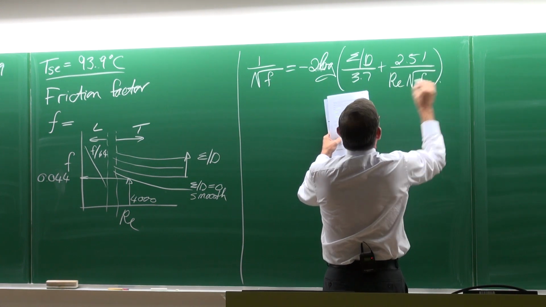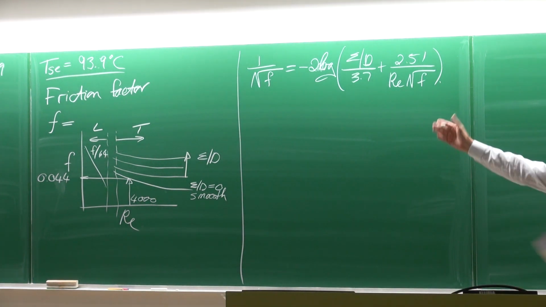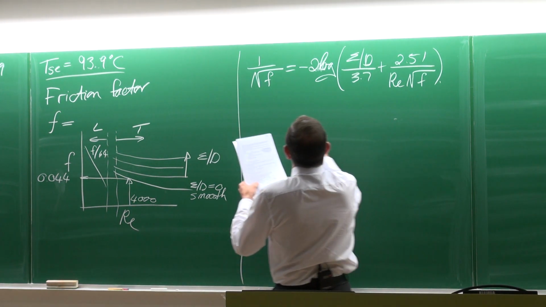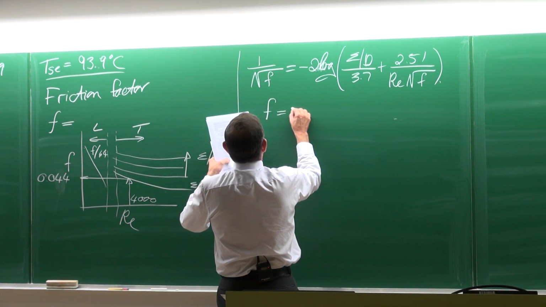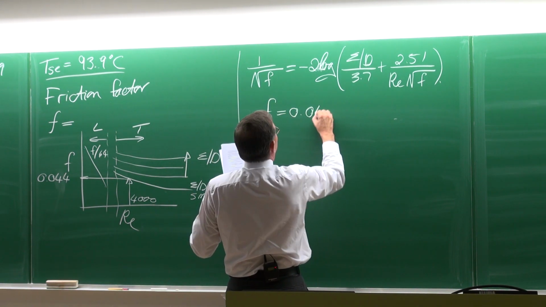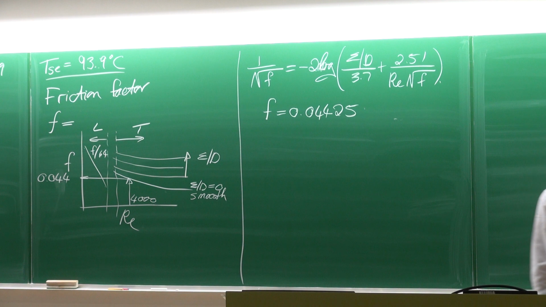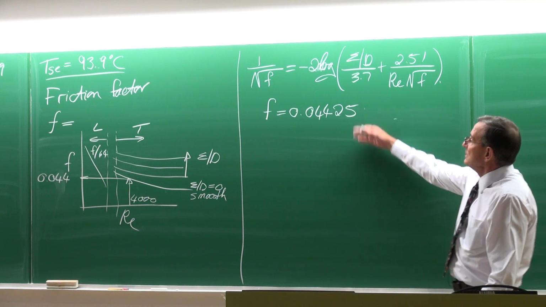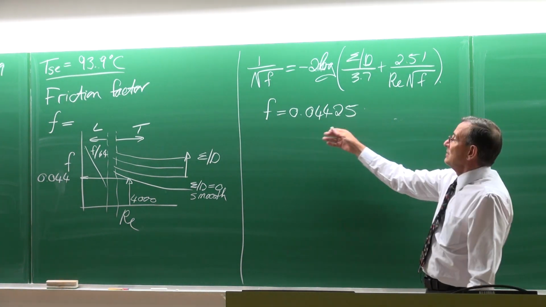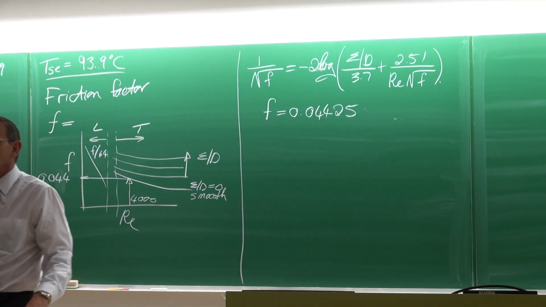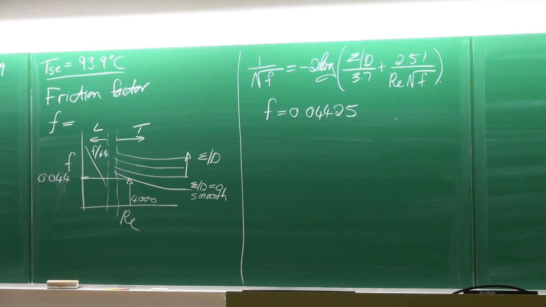You cannot solve it explicitly, you have to solve it iteratively, and if you make an assumption of the type of tube being used, you can refine it to a friction factor of 0.04425. More accurate, of course. The best advice I can give you is, even if you use an accurate equation like this, just go and check the answer on the Moody chart to see if it's approximately correct. It's very easy to make a finger error.